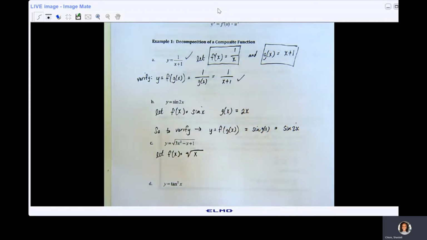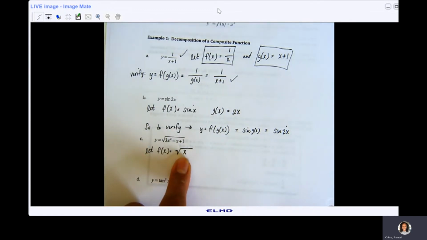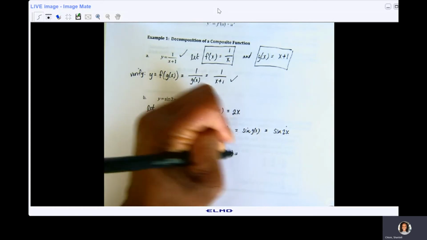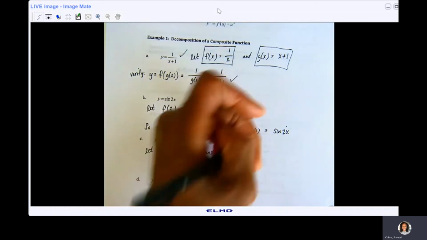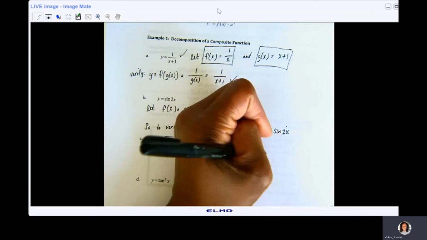We have some function underneath the radical, so a simple function x. Where we had x originally, g of x is imposed within. That means g of x is that whole expression underneath the radical, 3x squared minus x plus 1.